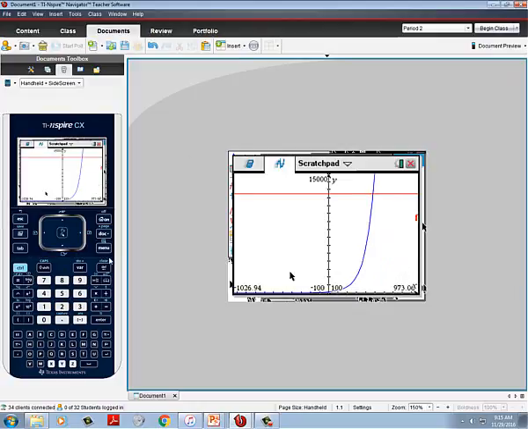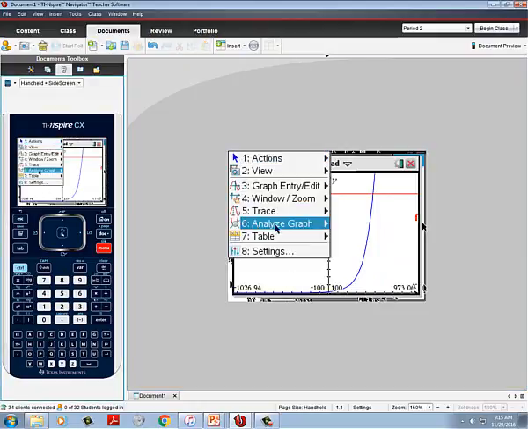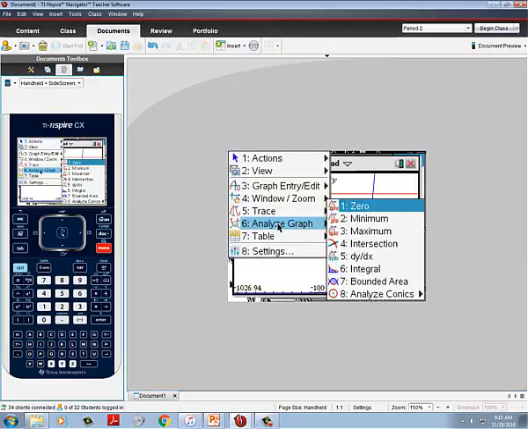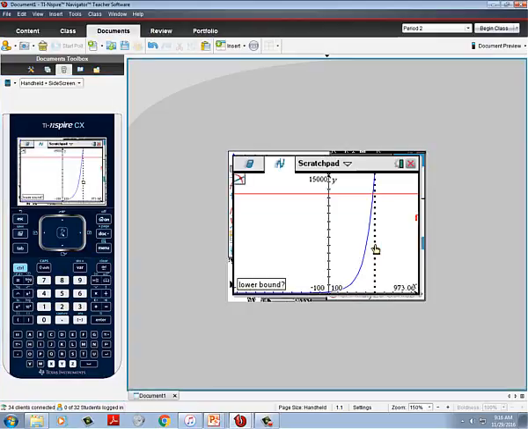All right, so what we're supposed to do is calculate points of intersection. We're going to do that with the calculator. So I'm going to go to Menu, Analyze Graph, and Intersection. Okay, and I'm going to go to the left of it. I'm going to keep dragging until I see the point pop up in the word intersection, and to the right of it. And that's what we're going to write down as our work.